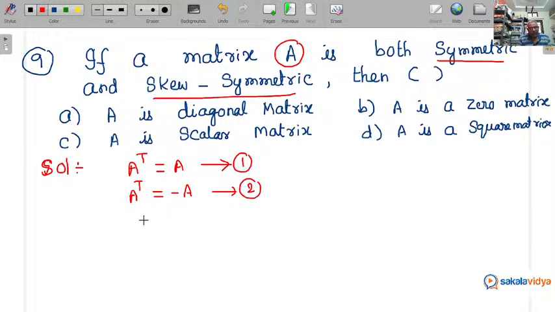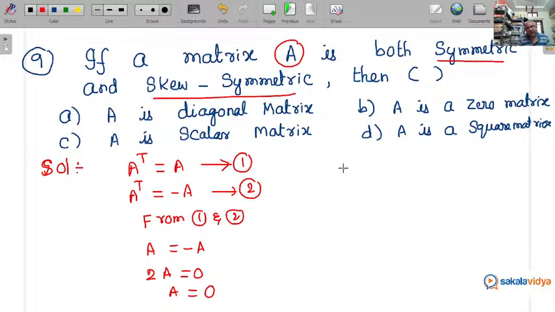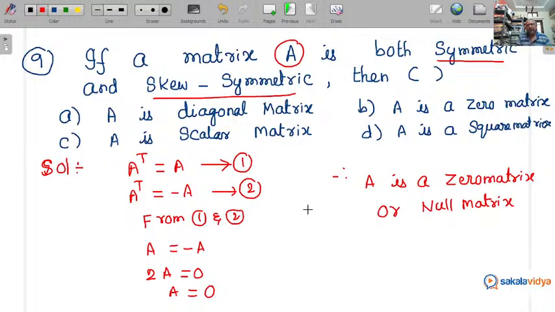Now from equations 1 and 2, we can write A is equal to minus A. Bring minus A this side: 2A equals O, A is equal to O. O is a matrix, that means therefore A is a zero matrix, or we can say null matrix. All the entries of a square matrix are zeros, then only it becomes both symmetric and skew symmetric. That means B is the right option.